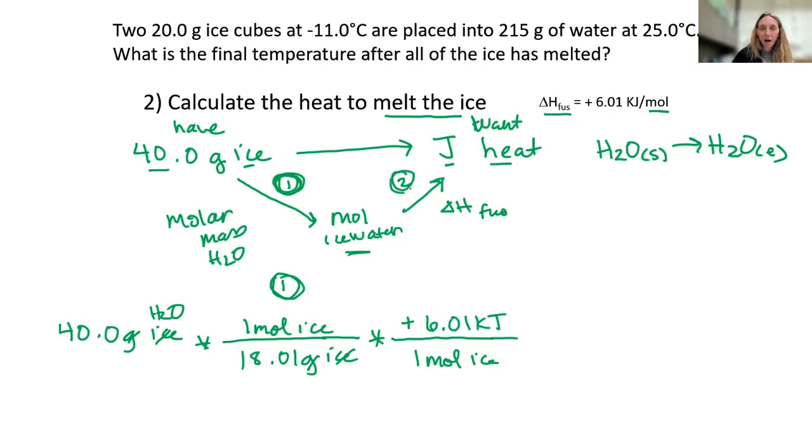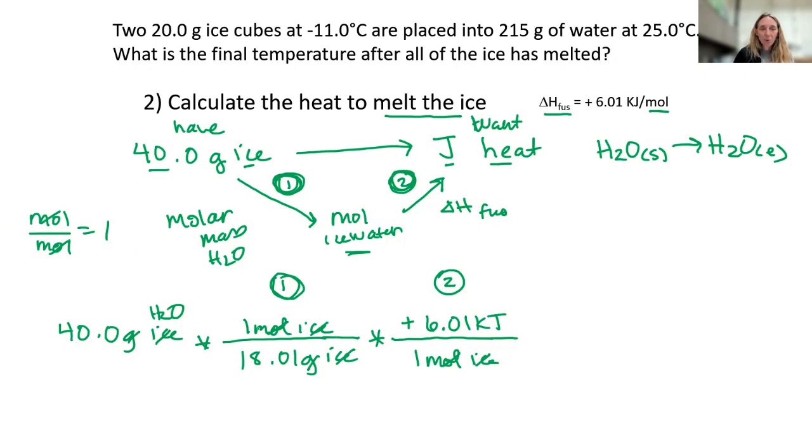Okay, so I have a second step in my plan, so I should have a second dimension. My moles of ice cancel with my moles of ice, and I get kilojoules of heat. When I say cancel, you guys, what I mean is if I have moles on the top divided by mole, it's the same thing, so it equals 1. And so that's why I can say, oh, it's canceled. I'm just normalizing it, it becomes 1.